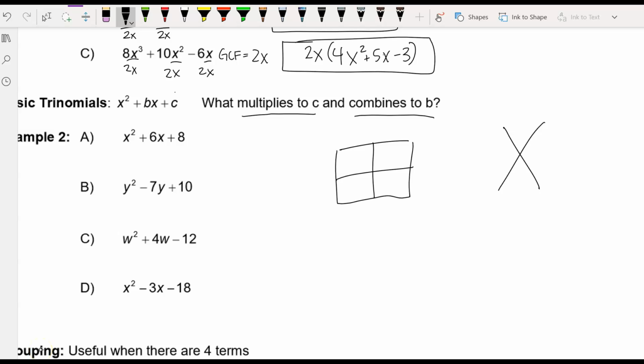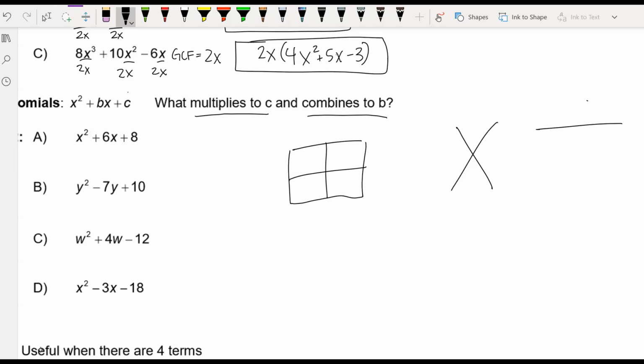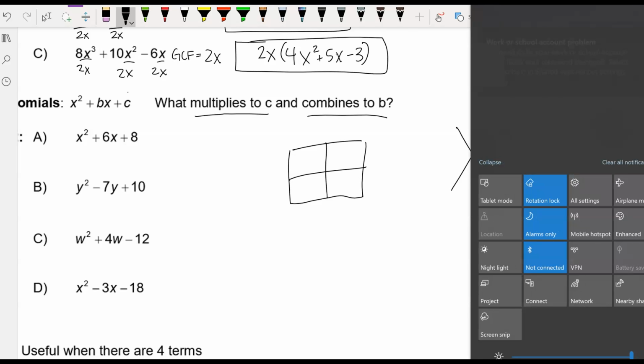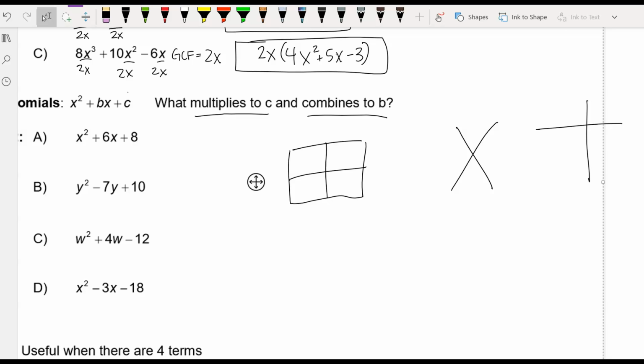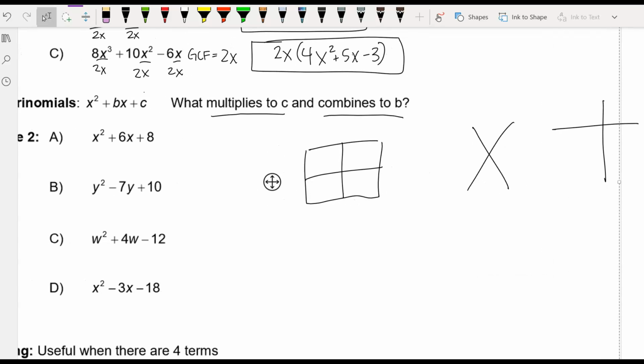So whichever one you like, or there's also guess and check where you see what numbers multiply from your chart. So I do a combination of guess and check and the box. So I list my multiples of my numbers. So multiples of 8 that add or subtract to equal 6.